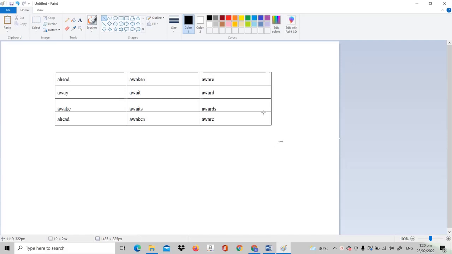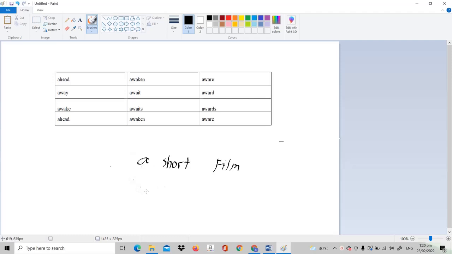Sabi nga kanina, in the beginning of a word is transcribed or stroked as the a. Yung for example, a short film. Yan, a short film. So, yung stroke nito is a.